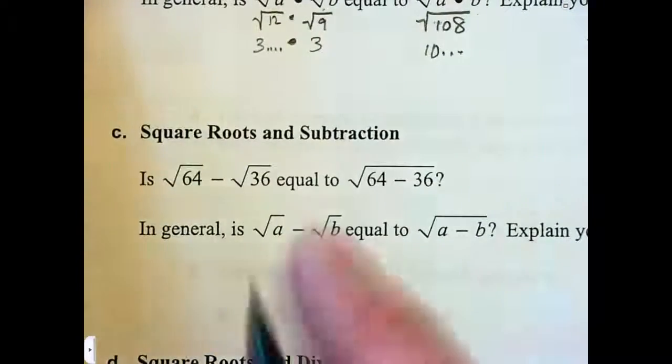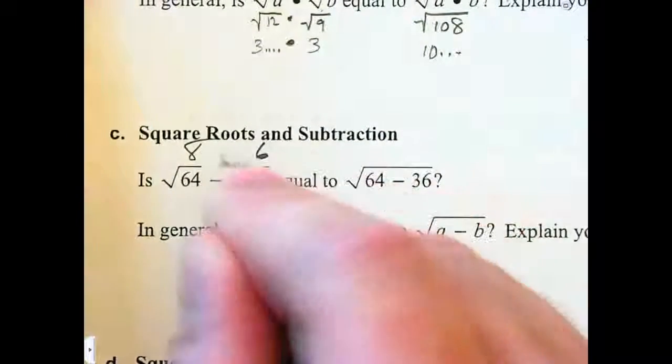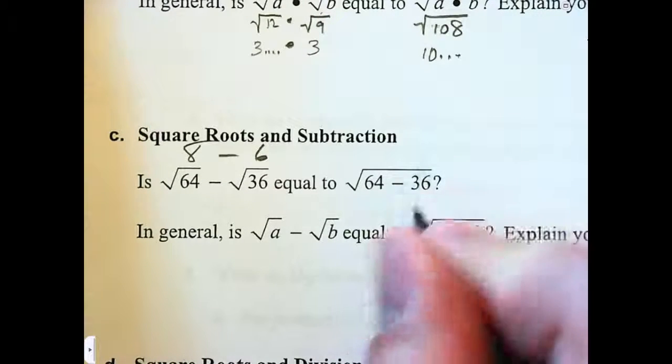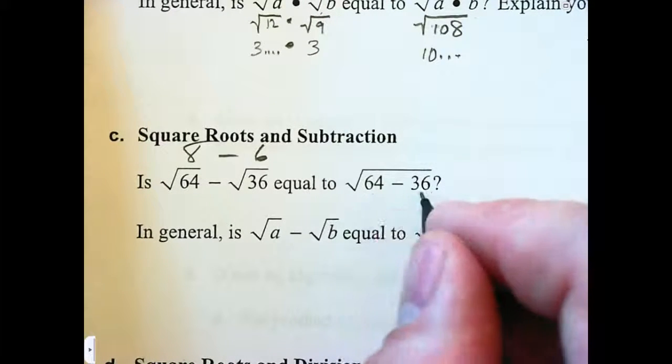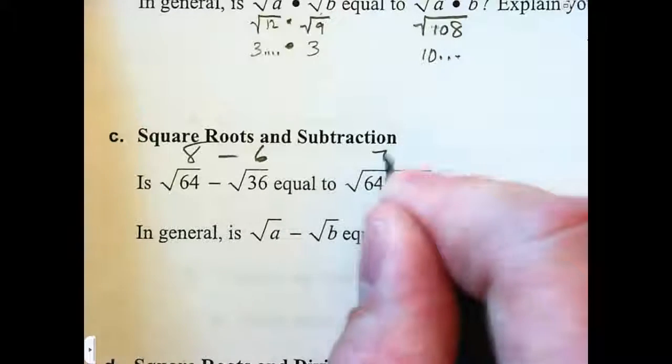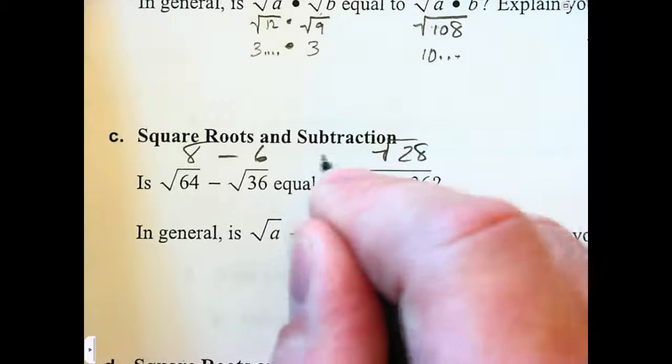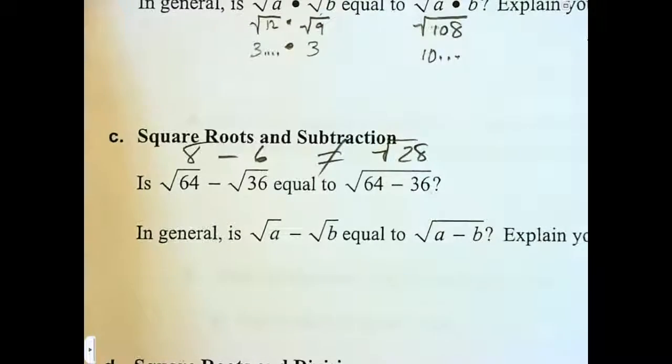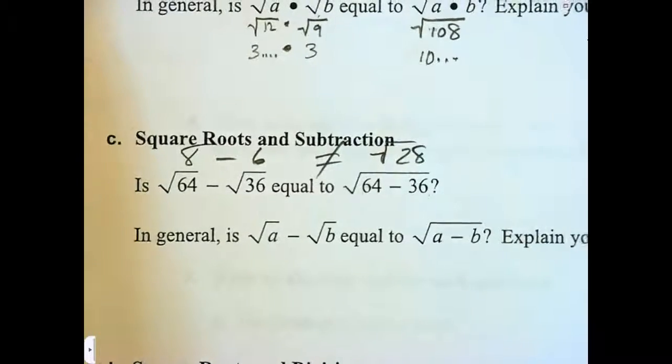How about subtracting? Did it work? No. We get 8 minus 6, which is 2, and 64 minus 36, which is 28. The square root of 28 is not 2, therefore it does not work. All you need is one counter example. That's a good counter example. Did division work?